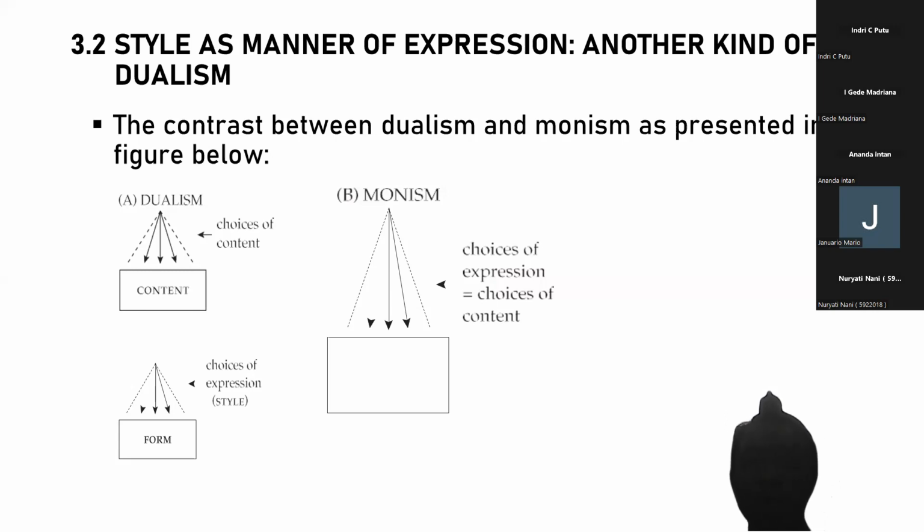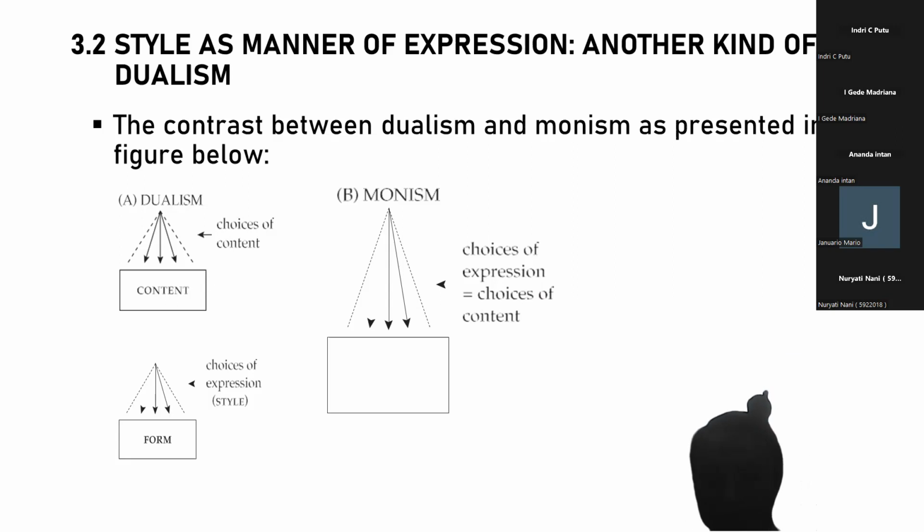Meanwhile, in monism, there is no product that is brought about. Meanwhile, from the empty product, there will be the choices of expression, style with form in dualism.